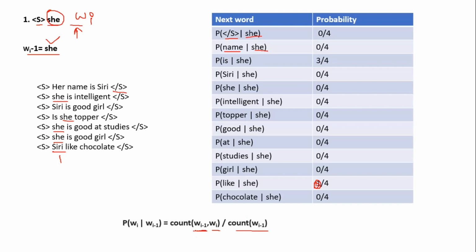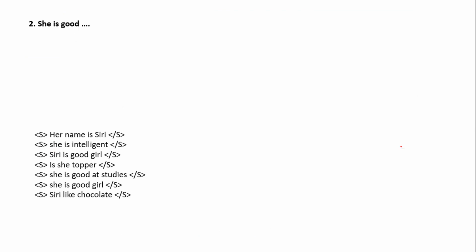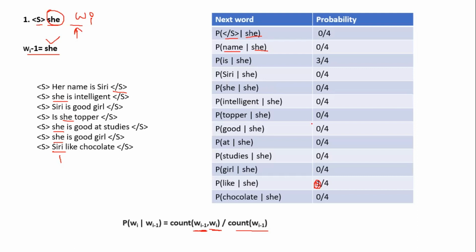So the previous word wi minus 1 is she, and the next word which we are going to predict is wi. So I'm taking she as the previous word, and wi as the next word, and we need to check that sequence: she name, she is, she Siri, like that. So in this example, what is the most probable word? Find out the values.